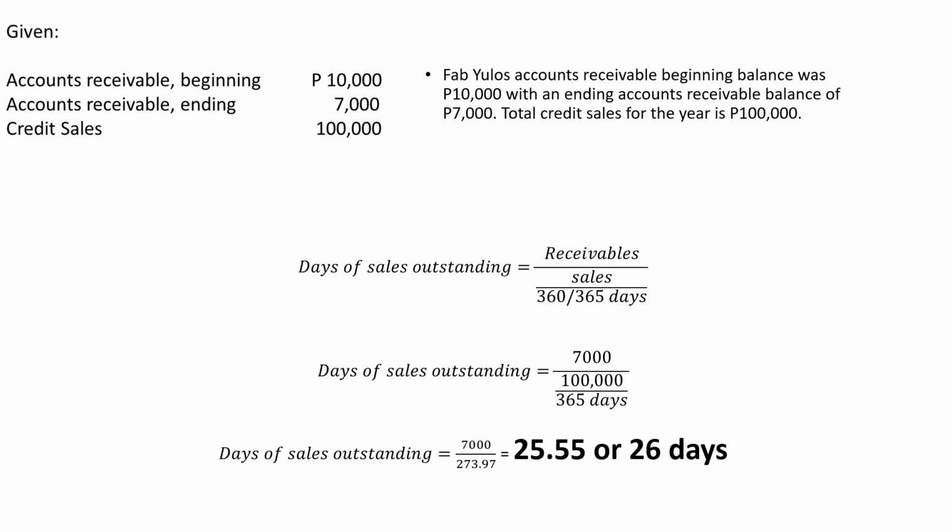Okay, so that will be 7,000 divided by 273.97, which is equal to 25.55 or 26 days. Okay, so it takes Fabulous 26 days for their sales to be collected.